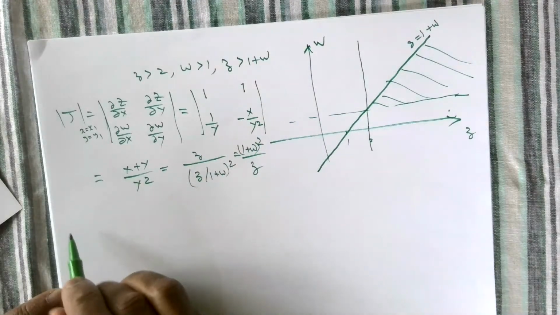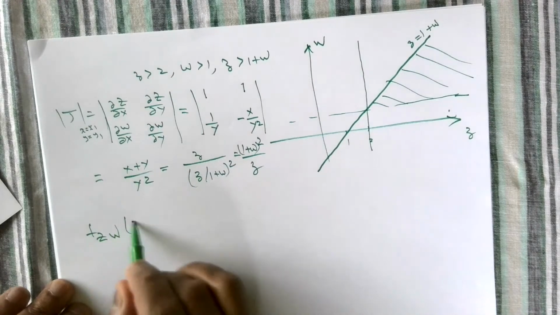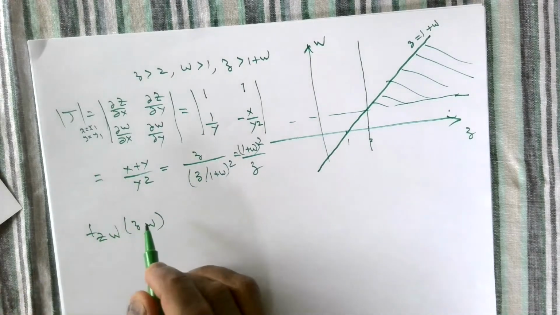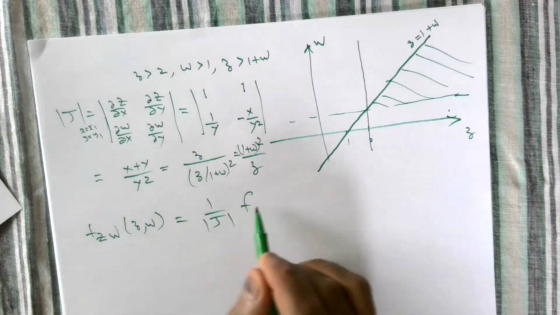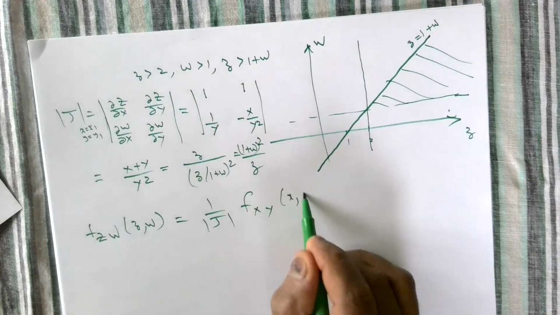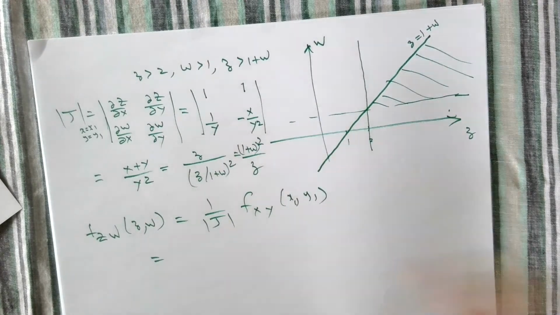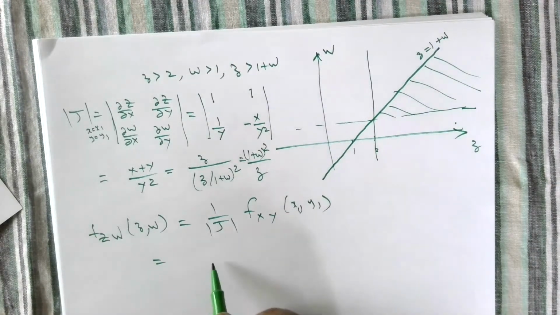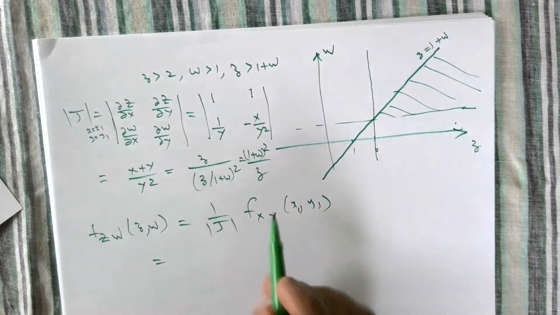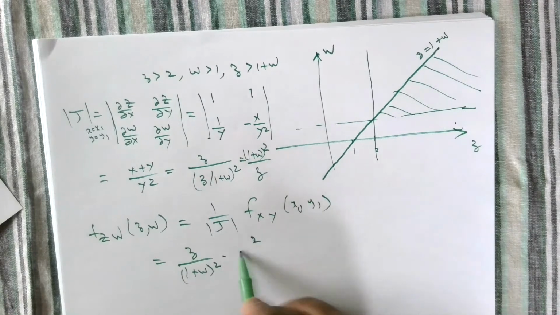So we are ready, we have everything. So we are ready to find the joint density function of z and w. That turns out the formula is 1 over Jacobian times f_XY(x1, y1). So that will turn out to be 1 over Jacobian is this. And the density, I'll just write it down here.